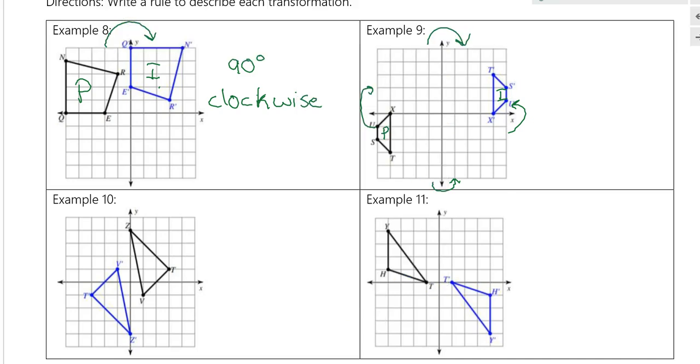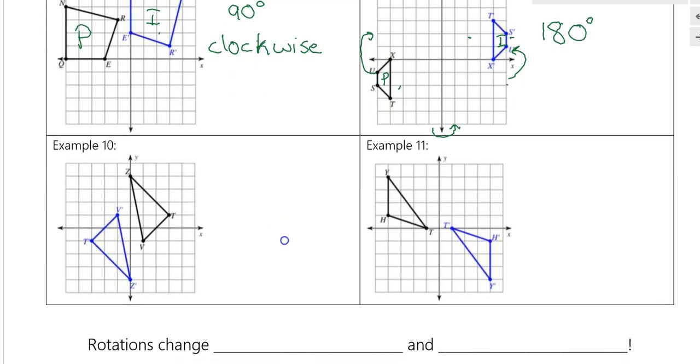So that just makes it 180 degrees. Rotation, it doesn't matter if I go this way or if I go that way. So when it's 180 degrees, you don't have to tell me if it's clockwise or counterclockwise. They'll meet in the middle.